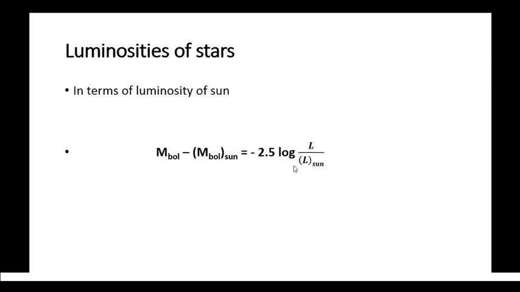So how can you write the equation? Just study this equation which connects the luminosity of a star with that of the sun. That is M bol minus M bol of sun is equal to minus 2.5 log L by L sun. So knowing these bolometric values of sun and the star, you can calculate L, that is the luminosity of the given star, by this equation.